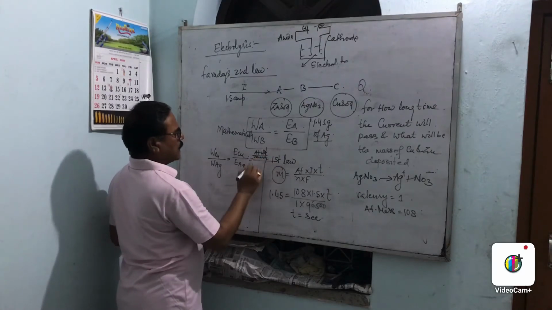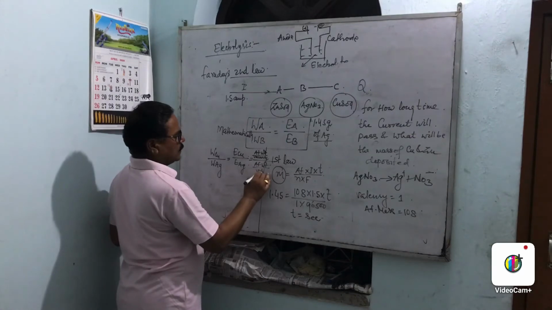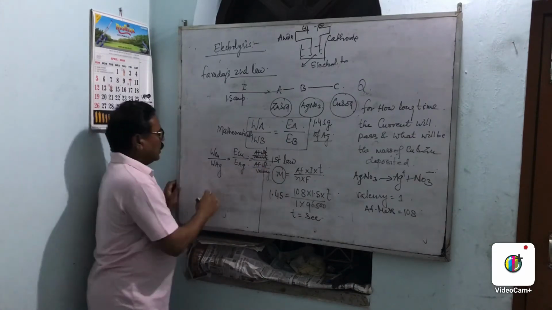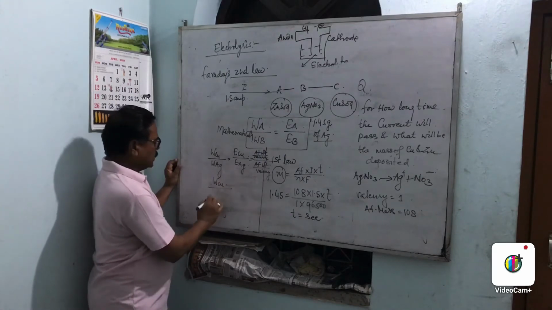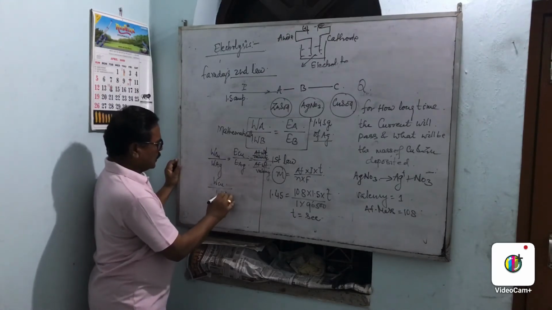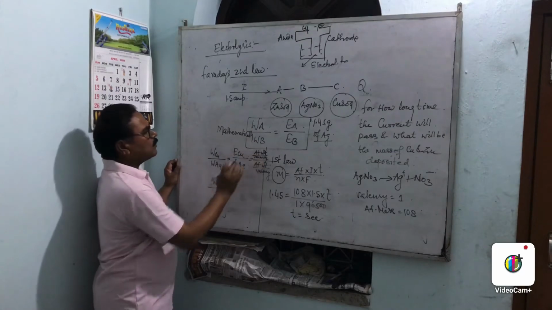Simply we write atomic weight by valency. So the weight of copper is to be calculated, the weight of Ag is 1.45 gram, and this is the equivalent weight of copper.